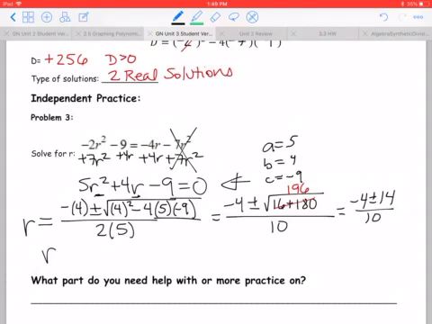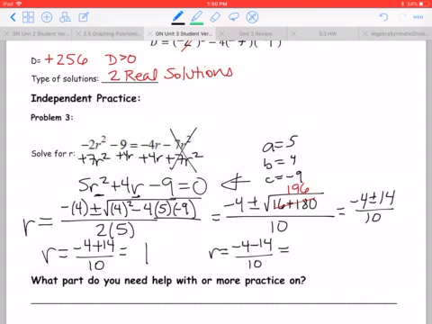So our 2 answers will be R equals -4 plus 14 over 10, and R equals -4 minus 14 over 10. And because they're whole numbers, we need to combine them. So for here, we just get 1.